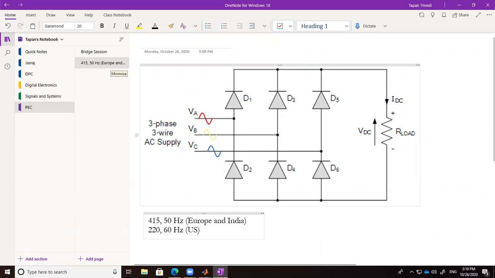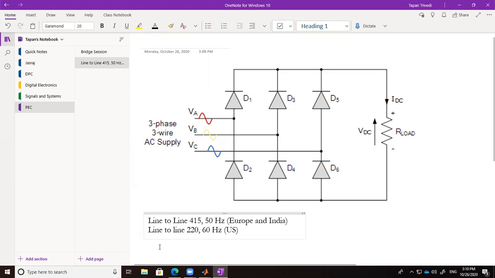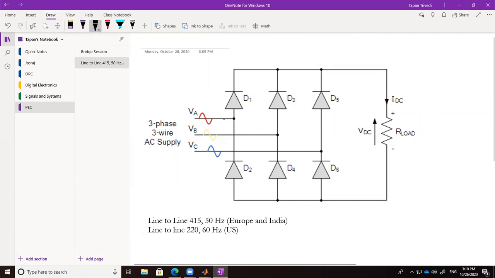So, line to line, this is line to line. Okay. And this is also line to line. The meaning of line to line means you are going to measure the voltage between these two terminals. That means you are putting the voltmeter between these two terminals. That is called line to line voltage for those who are not quite aware of it.